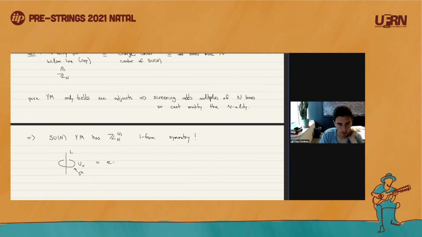And this is the exponential of i alpha times the n-ality of L, the line. And of course, here alpha is 2 pi k over n for some integer k. So that's how U alpha acts on the charged objects.